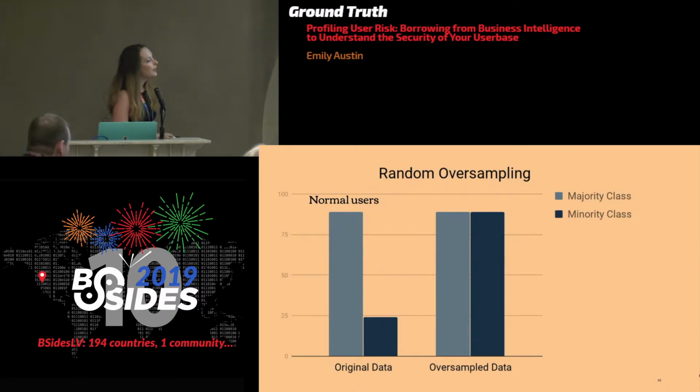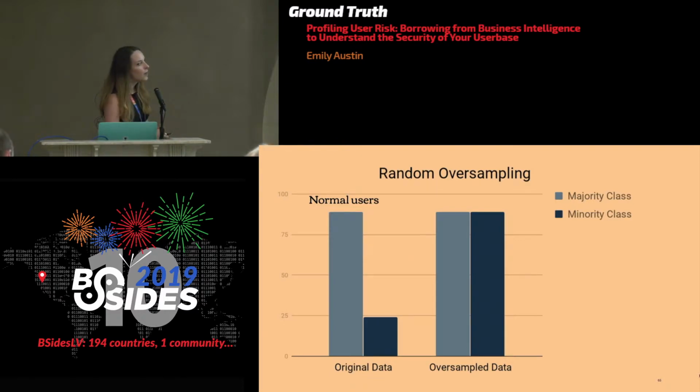One is oversampling. This would be taking all normal users and not-so-normal users, and creating copies of these bad users and inserting the copies into a duplicate data set.